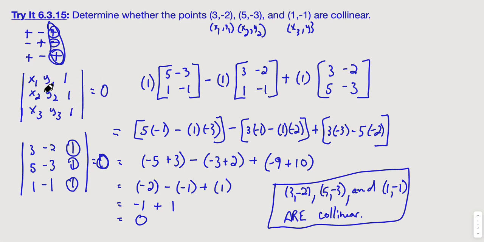So then we just substitute in our points. Expand according to that last column. You could expand according to whatever row or column you wanted to, as long as you remember these signs up here. But it's easiest to use this last column because they're all 1. So we're just multiplying each one of the minors by 1. That makes things a lot simpler than if we're using the other values in the determinant.